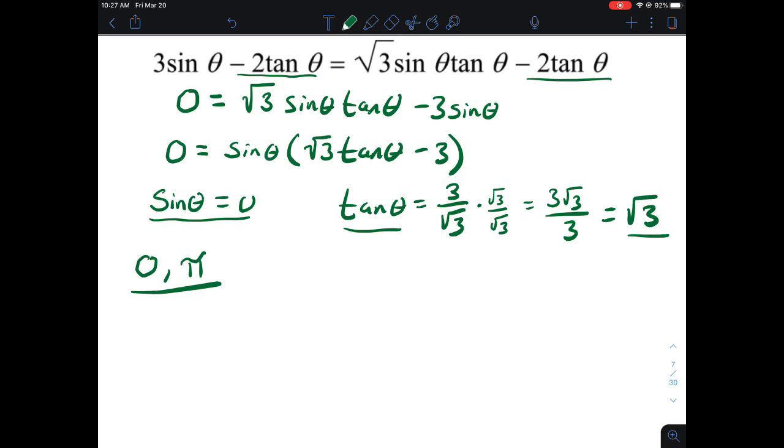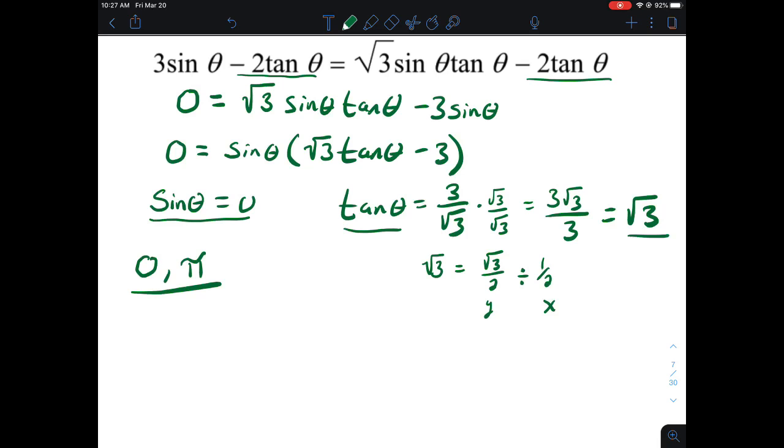Well, remember that tangent is the quotient of sine divided by cosine, and to make the square root of 3, I would have to be dividing the square root of 3 over 2 by 1/2. So sine, which is y, divided by cosine, which is x.